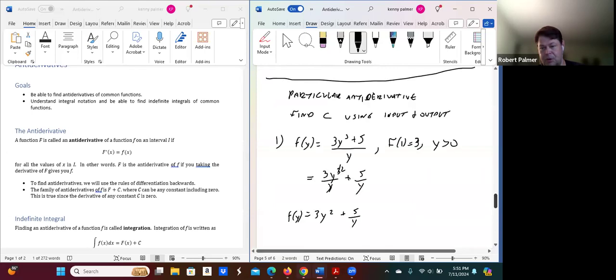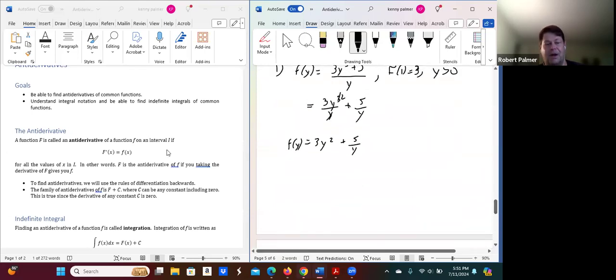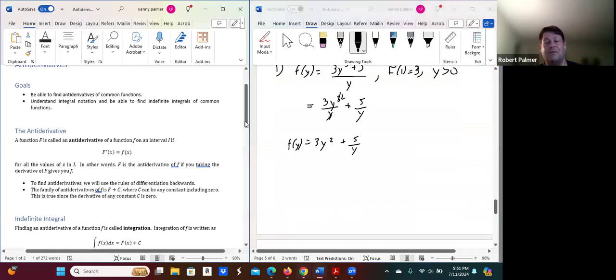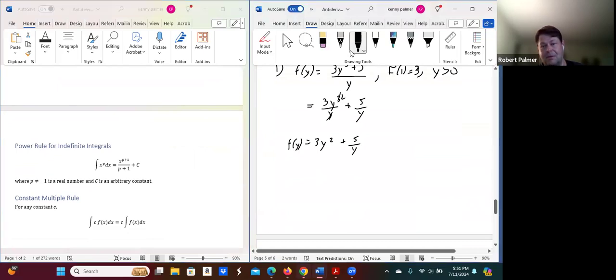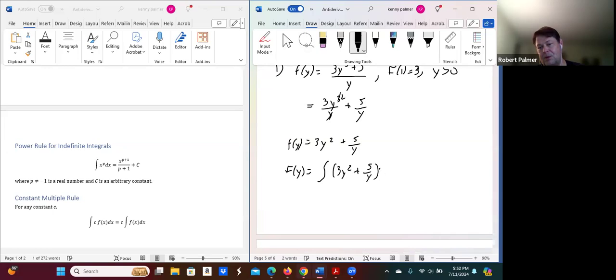So what I want to do now is use either the antiderivative notation or the integral notation. I'll just do the integral notation. So the integral of f of y is going to be the integral of 3y squared plus 5 over y.